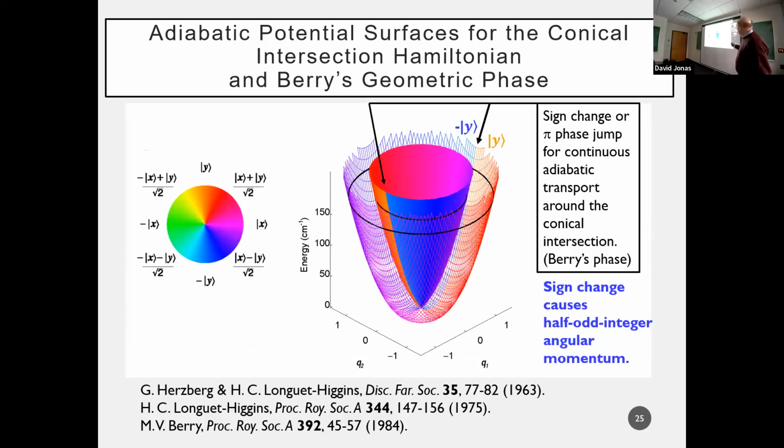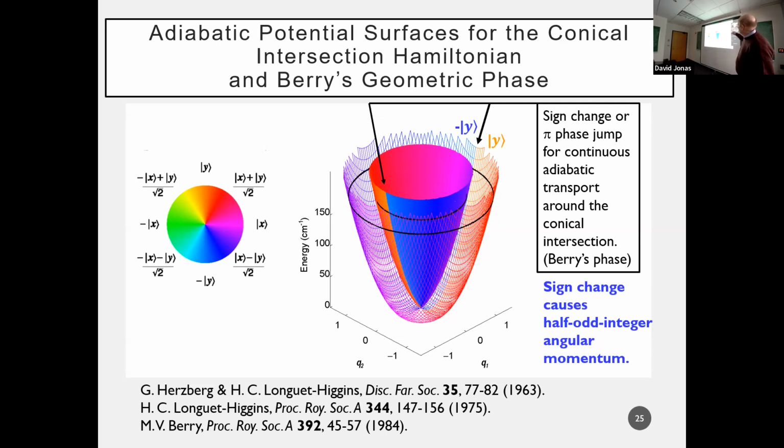And this prototype conical intersection Hamiltonian, when you look at its adiabatic potential surfaces, you see that it has a Berry phase where, as you go around, there's an unavoidable pi phase change or sign discontinuity as you go around the potential surface, looking at the electronic character as you go.